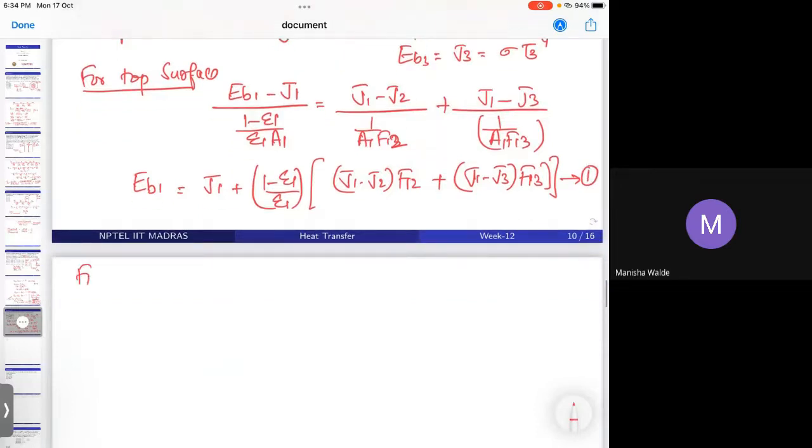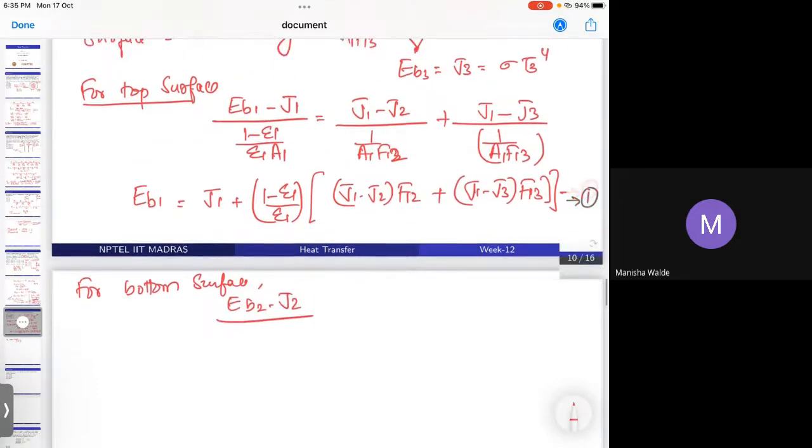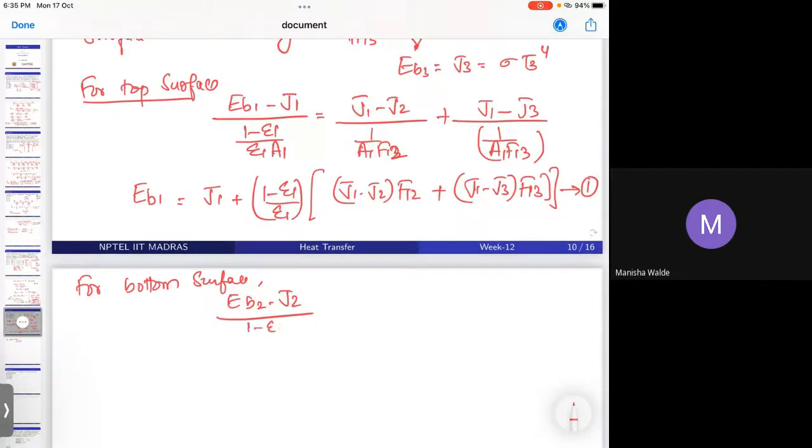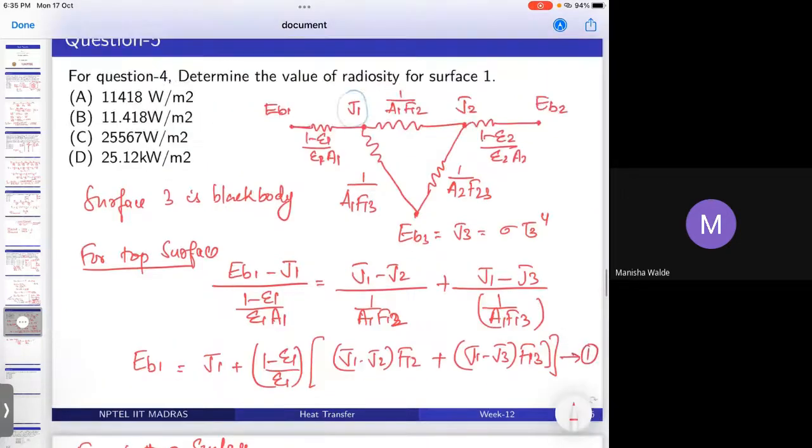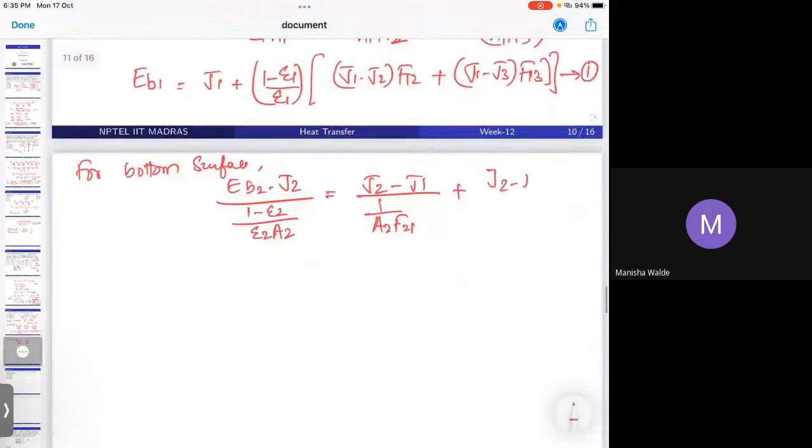Similarly, for the bottom surface, we have EB2 minus J2 divided by (1 minus epsilon 2) by epsilon 2 A2, which is equal to J2 minus J1 divided by 1 by A2 F21, plus J2 minus J3 divided by 1 by A2 F23.